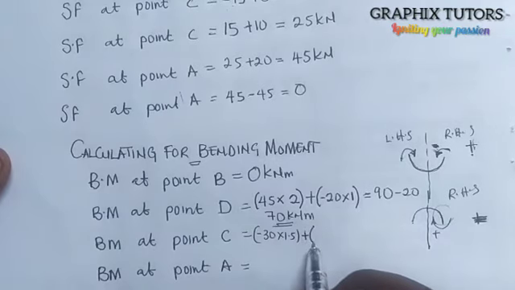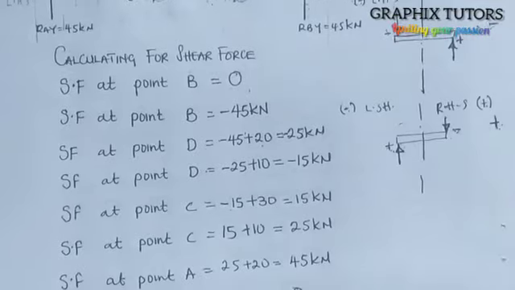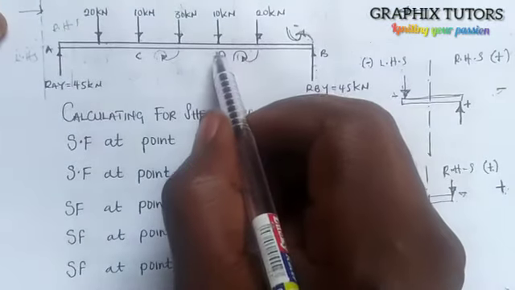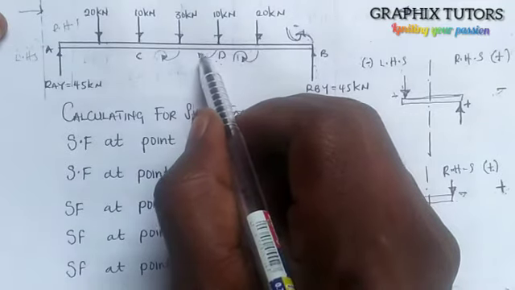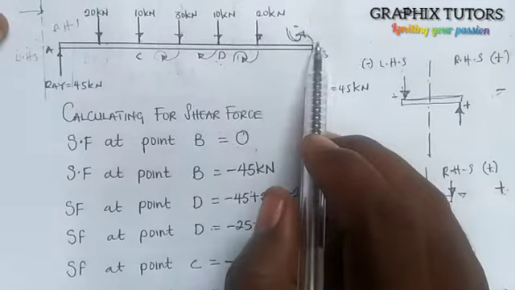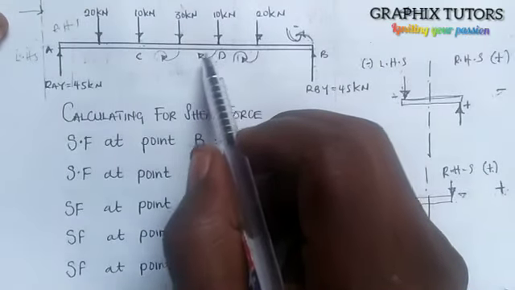Plus the next one is 10 kilonewton. Now if you look at this 10 kilonewton here, it's coming this direction. So you do all the force before C. You look for the moment of all the force before C. So doing 10 kilonewton here, right?